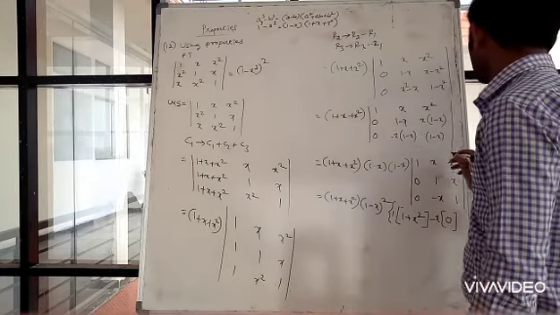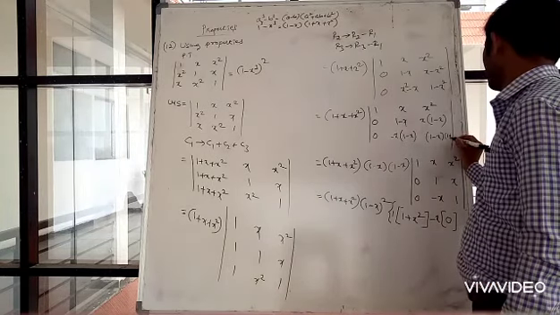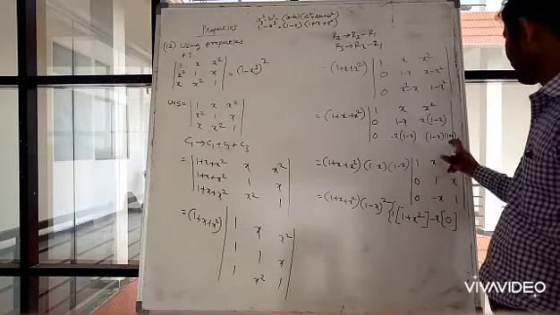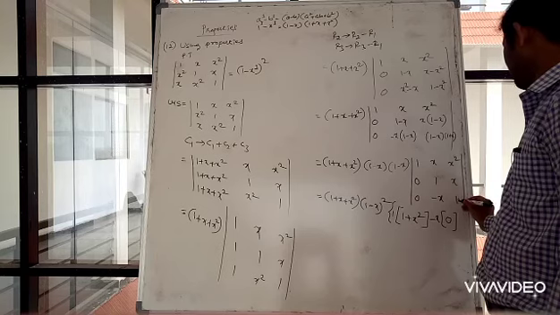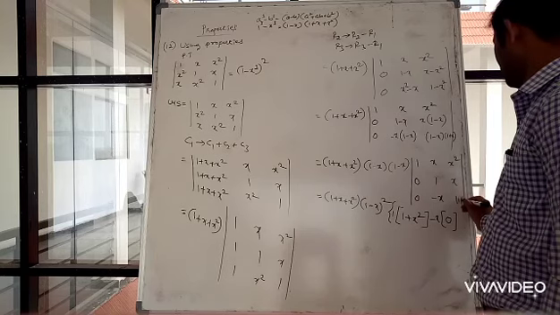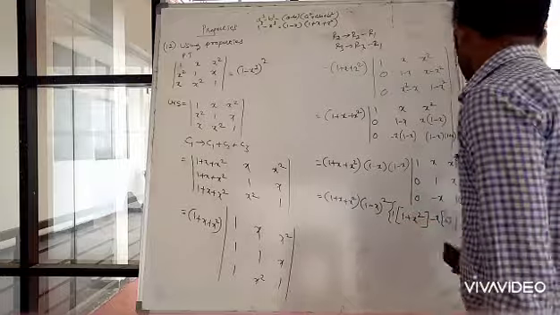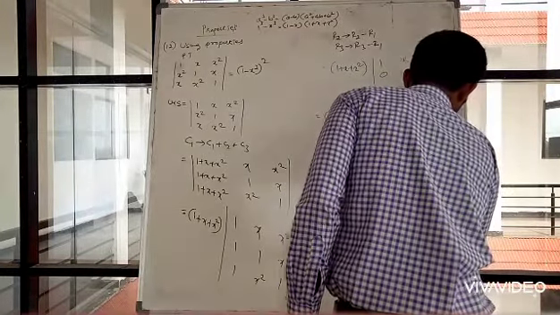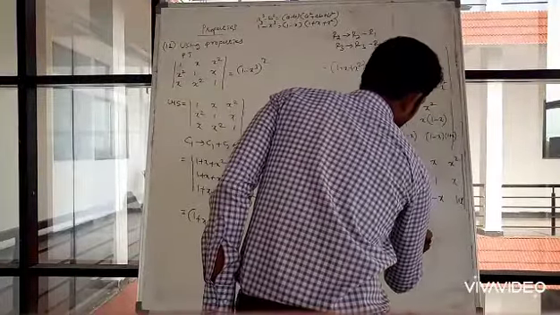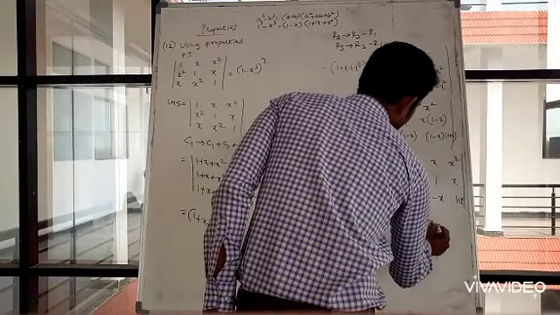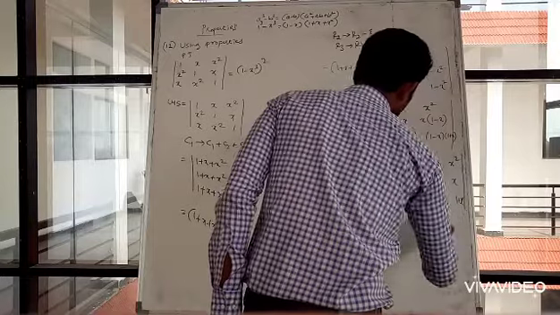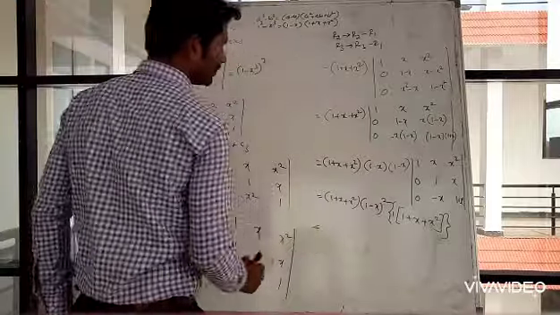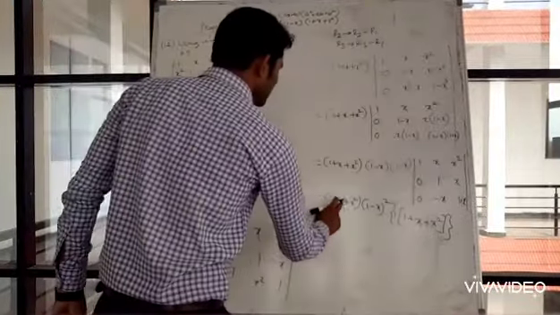1 minus x square means you can write it as 1 plus x into 1 minus x, that is 1 minus x square. After taking 1 minus x common, here 1 plus x will remain. Okay. Then for 1 plus x square, remaining 0, 0 plus 0 here is equal to 1 plus x square.